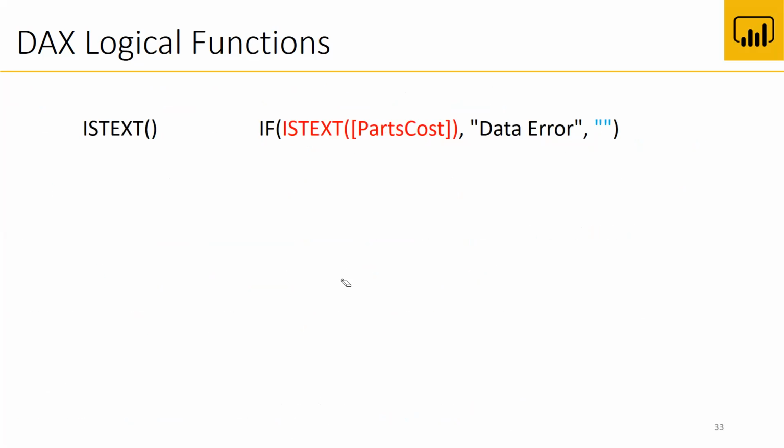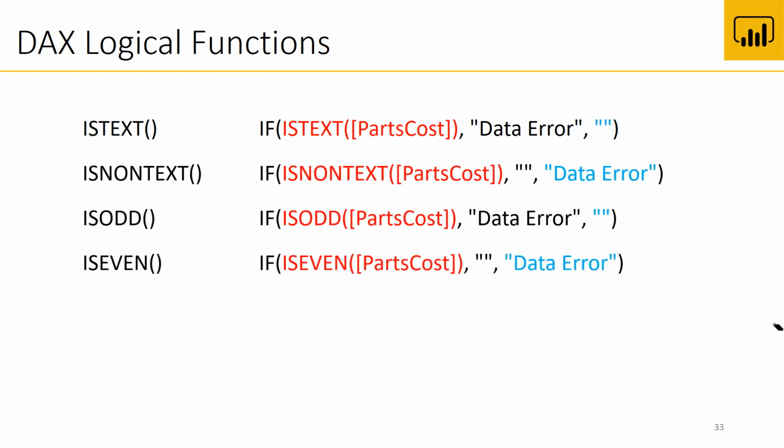If it is a text field, then it is a data error, because we are assuming a number there. Otherwise, it is true or blank. But if this part cost is text, not a number, then there is a data error.